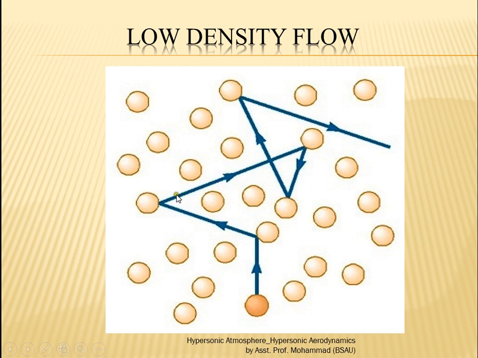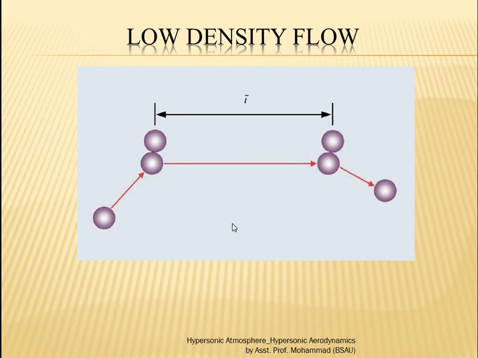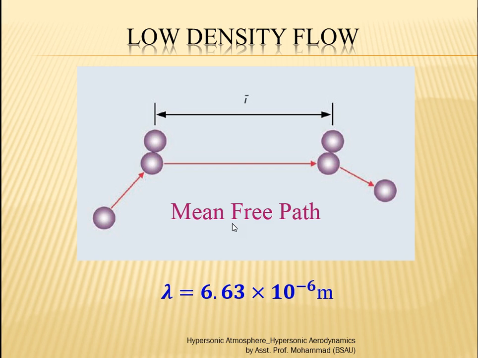So these distances are not always the same, but on average they travel some distance between any two collisions, and that distance is called the mean free path, denoted by lambda. By definition, the mean free path is the distance a molecule of a gas travels on average between any two collisions, and at the standard sea level condition, this lambda, the mean free path, has a value of 6.63 times 10 to the power minus 6 meters.